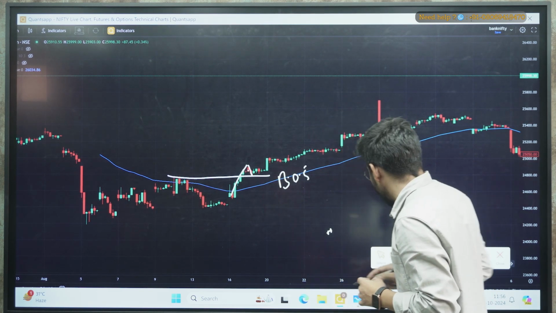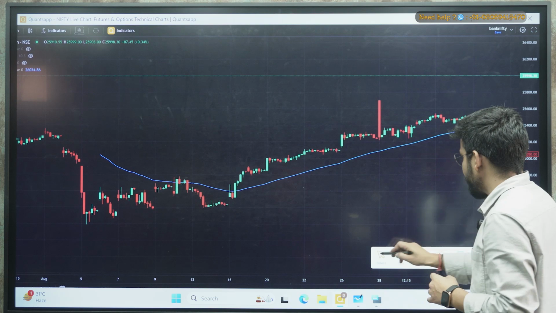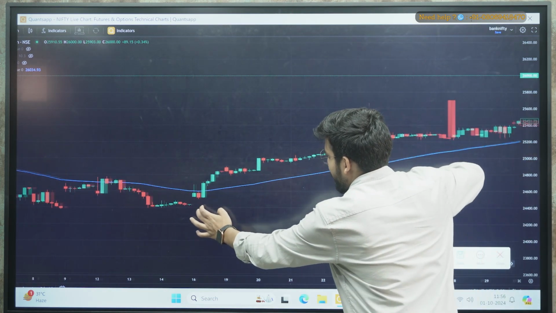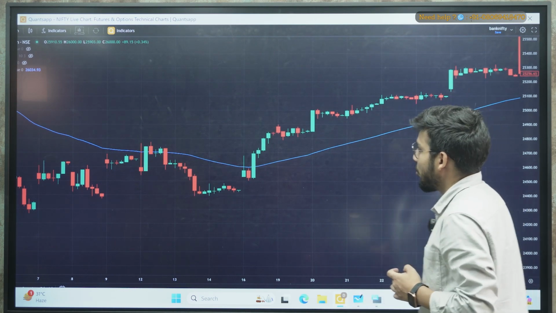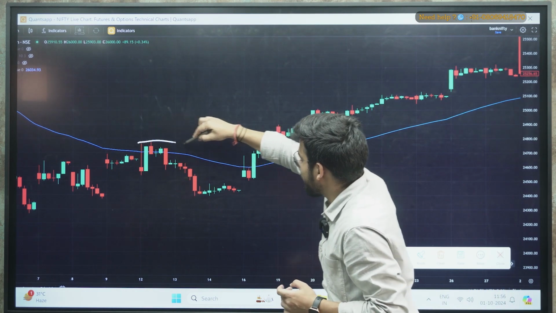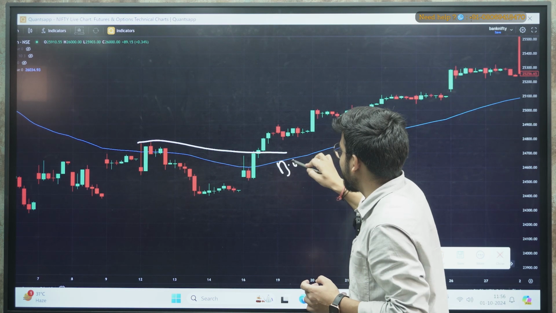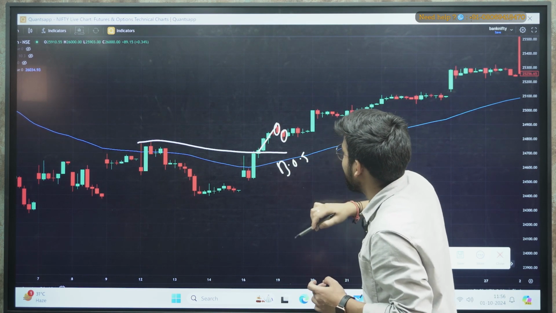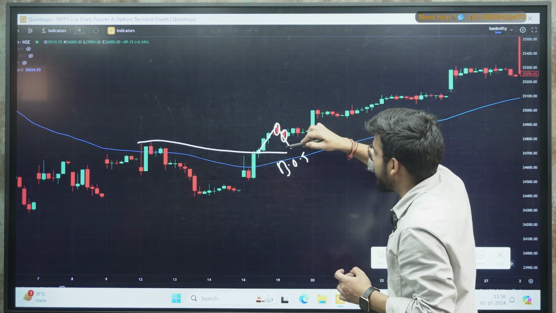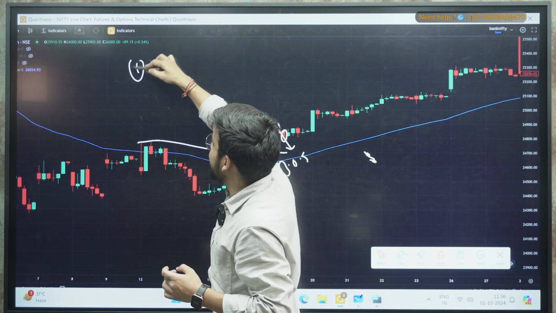I'll zoom it out for you guys. Now I think it is very clear. This is your break of structure. After that, my market went upwards, and then there is one candle, two candles. So I got a pullback here. Now my first step has been done.